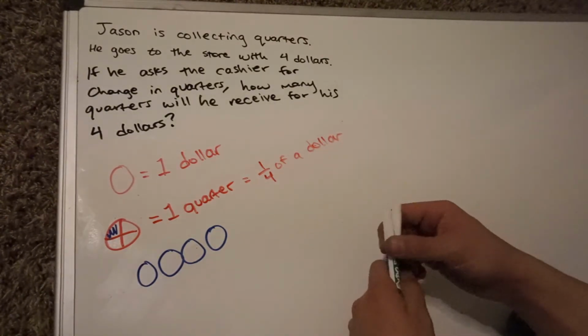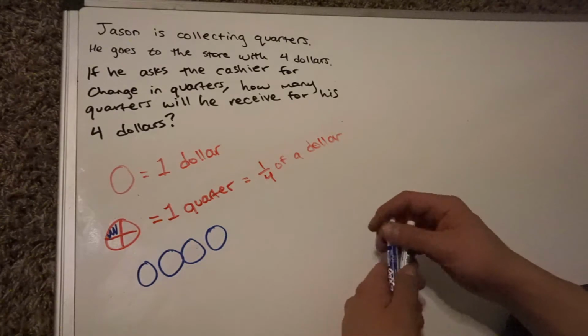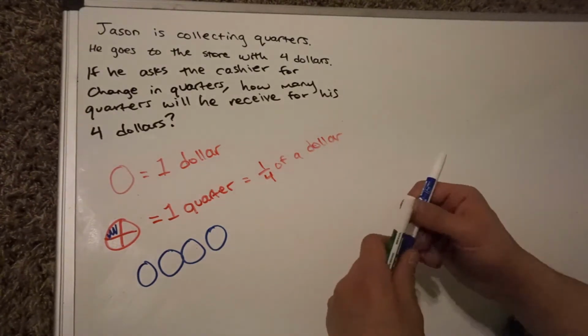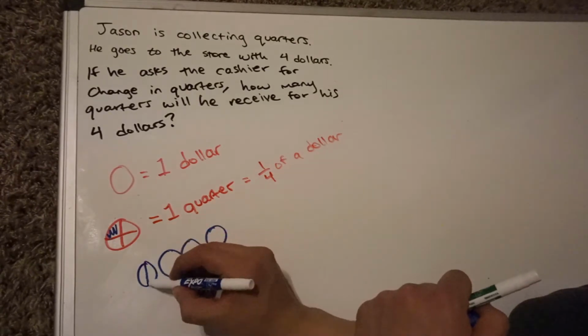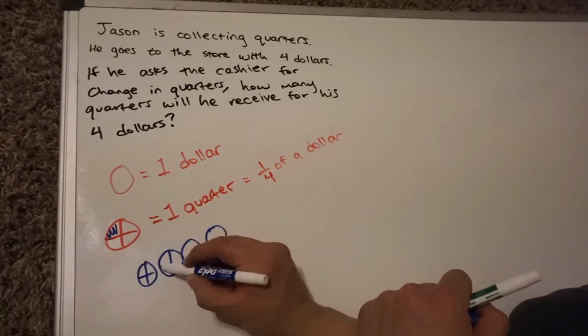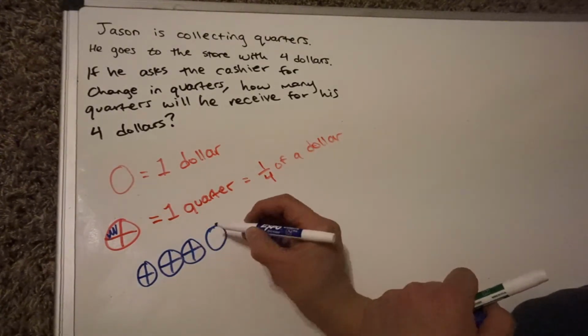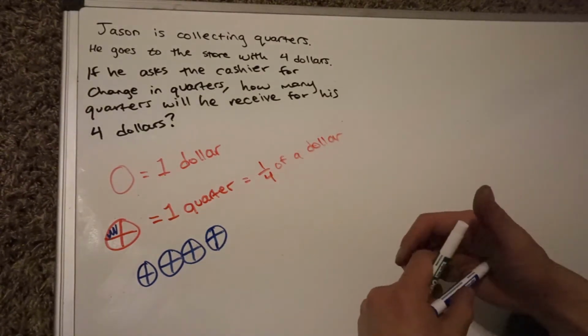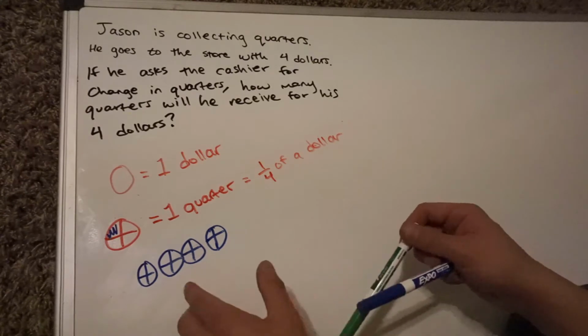Because we're looking for the number of quarters, not the number of dollars, we're going to divide each of our dollars into 4 equal sized parts. So let's do just that. Now we have each dollar in 4 equal sized parts.